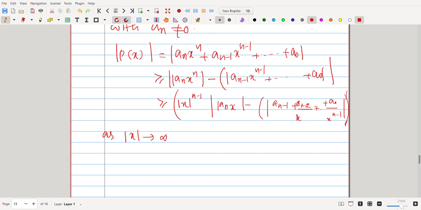So as mod x tends to infinity, this part, a_{n-1} plus a_{n-2} by x and so on up to a_0 by x power n minus 1, goes to a_{n-1}.